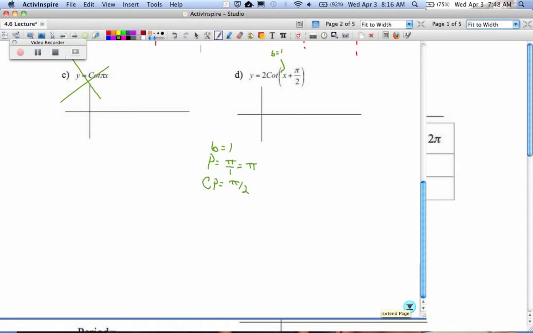What else is happening? We have some steepness happening again. But then we also have the phase shift.